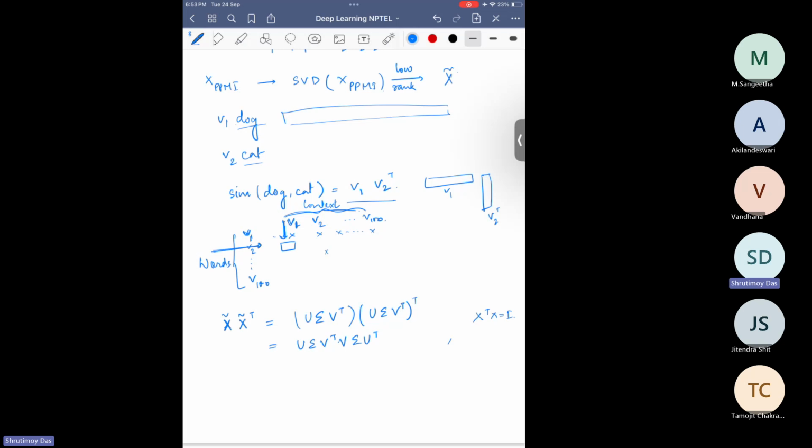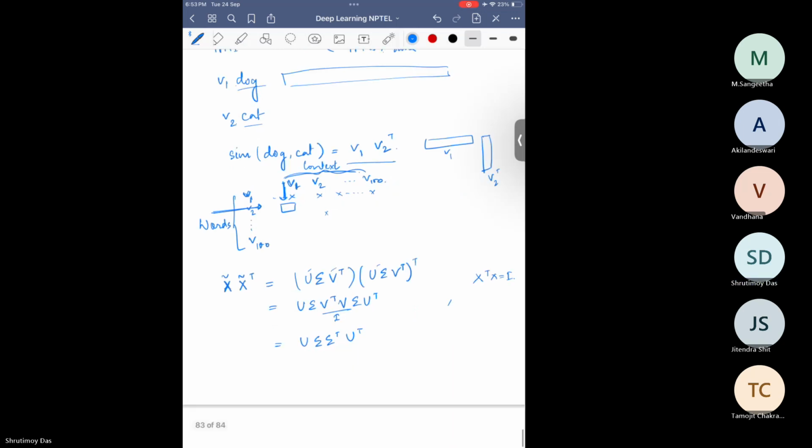When we're talking about singular value decomposition, these matrices are orthogonal. So this becomes I, and so we get something like this: sigma transpose U transpose. So that means I can write this as U sigma transpose.